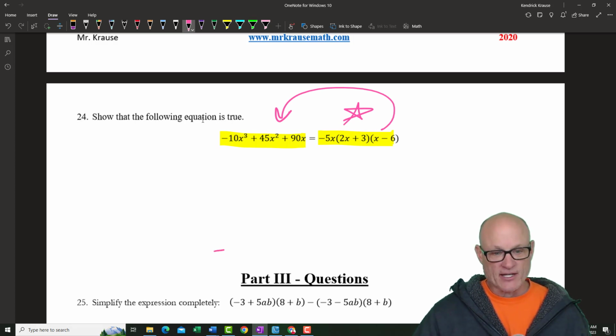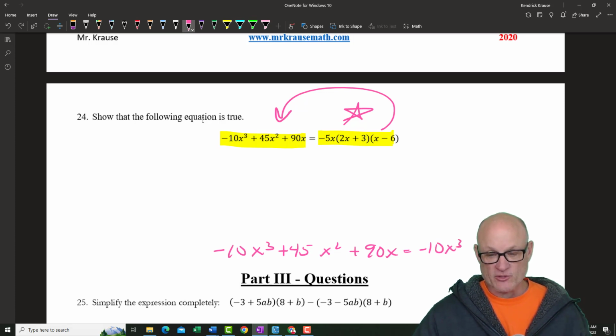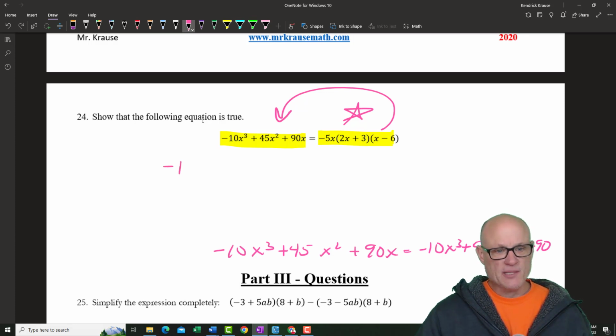So my final answer is 10x cubed plus 45x squared plus 90x equals negative 10x cubed plus 45x squared plus 90x. That's some crazy good penmanship right there. So I keep this coming around. We're going to have to write this two more times, unfortunately.